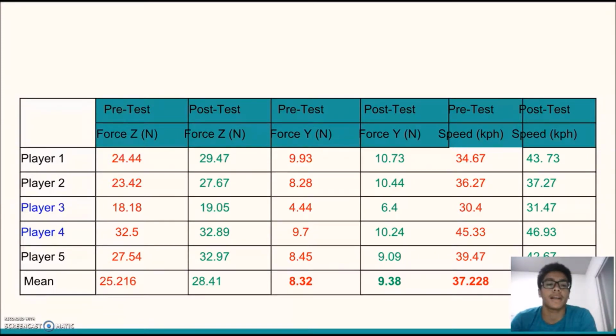So again, the players highlighted in blue were the control group players. So observations, we can see that all of the players had an improvement. All of their values went up during the post test. The thing that differed was the magnitude of this improvement, the difference of the difference.